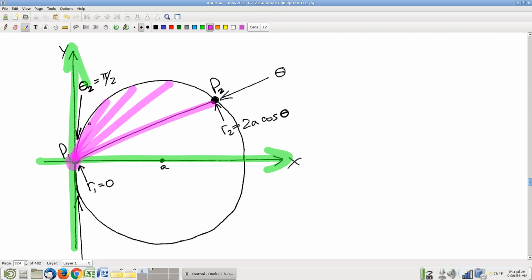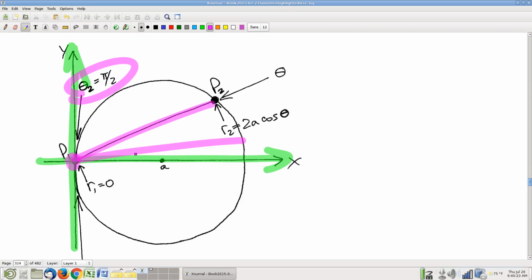If you think about how high theta can increase before it's not hitting the domain anymore, the very last slice is going to be going straight up. Technically, straight up doesn't quite hit anything, but anything less than straight up will hit a little bit of disk. So pi over 2 is the last value.